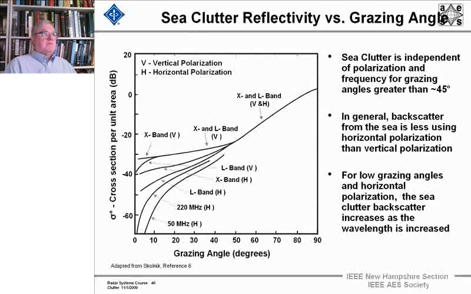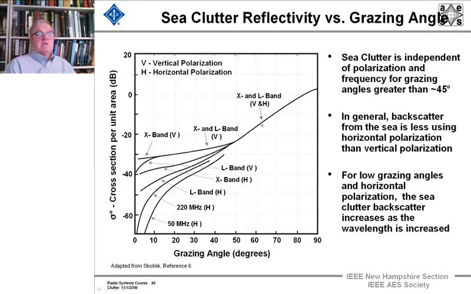and when you put that data together with a lot of other data that has been collected by NRL, Merrill Skolnick came out with these generic curves, hand-drawn through all the data points, of the cross-section per unit area as a function of grazing angle for different frequencies and different polarizations.